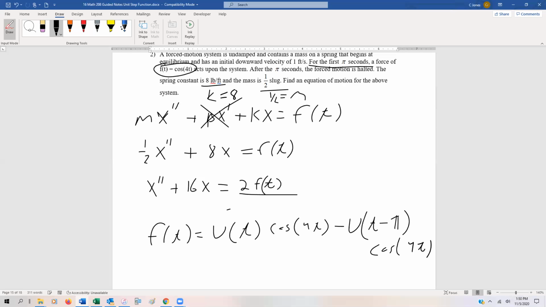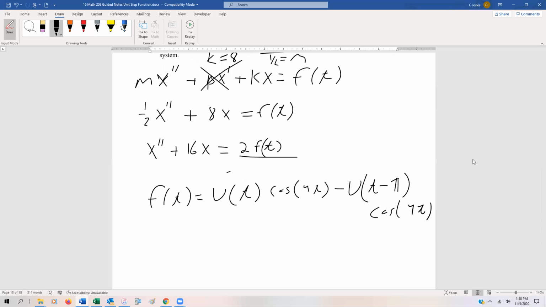All right, now we're going to do a trick with this one, and it only works because we're dealing with time, right? We're going to get rid of this animal right here, right? And the reason being is because we know that t is greater than or equal to 0, all right? And so that means that in our graph, we really don't even care about anything that happens before that. Right?